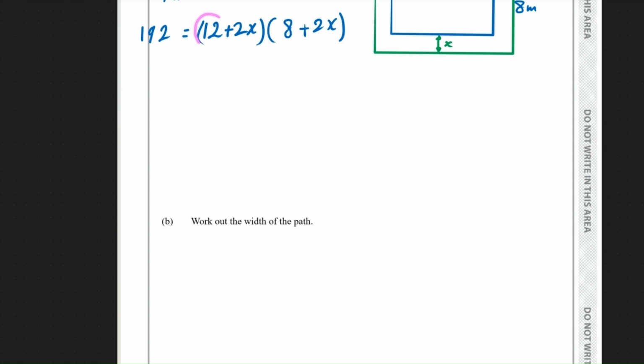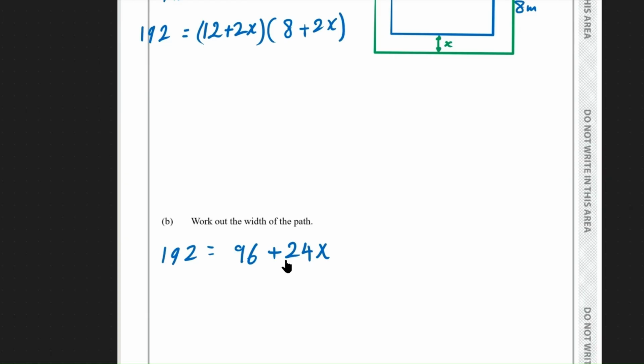12 times 8 would be, 10 times 8 is 80, and add another 16, that means it's 96. So we say 192 equals 96, and then we start with 12 here, and the second term of the other bracket is 2x. That means 12 times 2x is 24x.